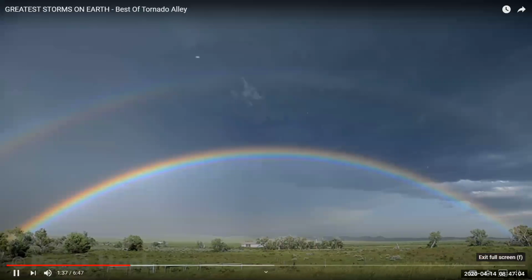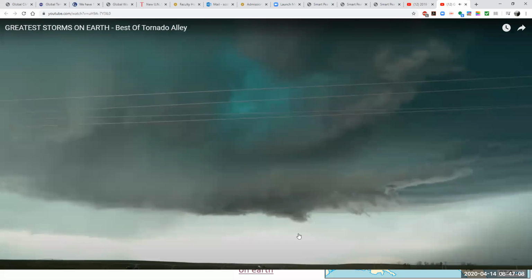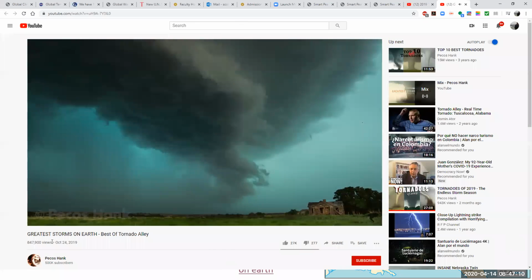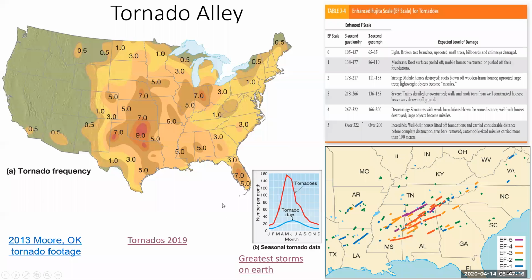I like the first part that focuses on tornadoes and some of the things that happen in Tornado Alley. But again, I'll post this on Canvas so you guys can watch them in more detail.